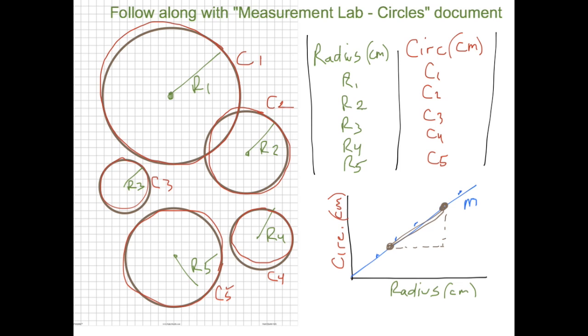I was saying R2 a minute ago right there. We'll just say the y over the x. So you could say your y2 minus y1, this distance right here, and your x2 minus x1 right there. That is your slope. So we want to find what this slope m is right here, and initially you're going to do that all by hand. All right? Calculate the slope of the best fit line that you're going to do by hand.